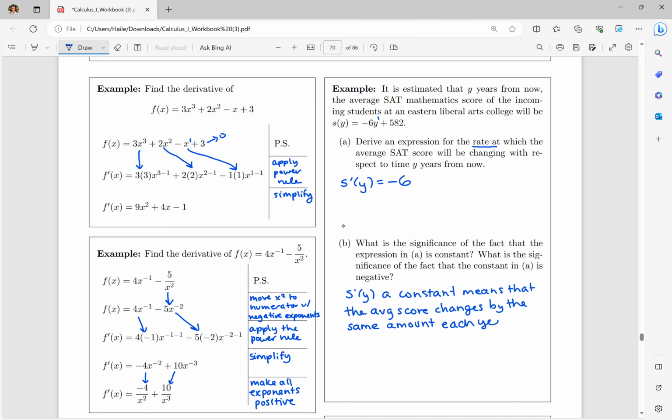So that's exactly what constant means. It means steady, not changing. So if our derivative is a constant, it means our average score is going either up or down by the same number of points each year.